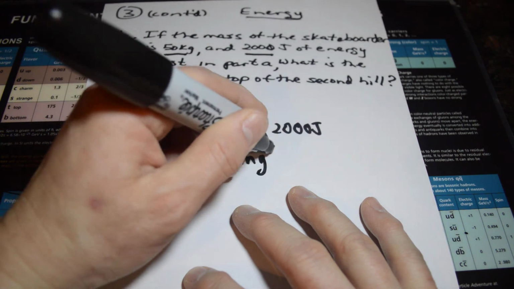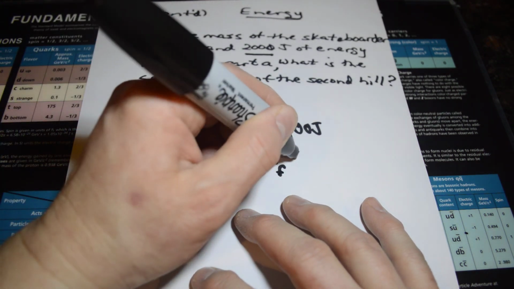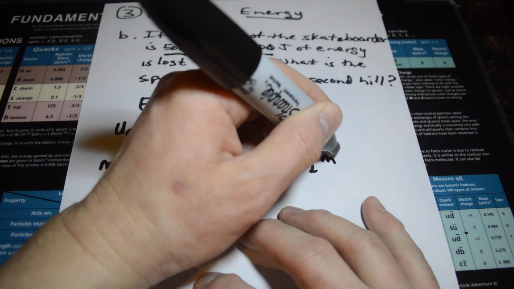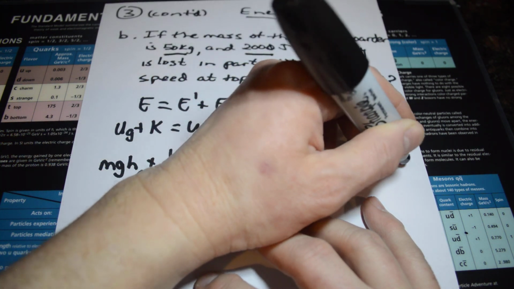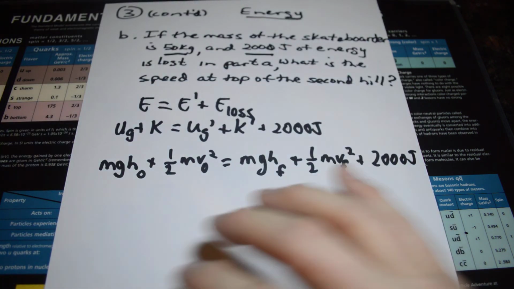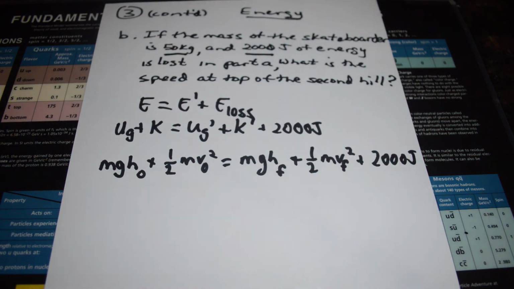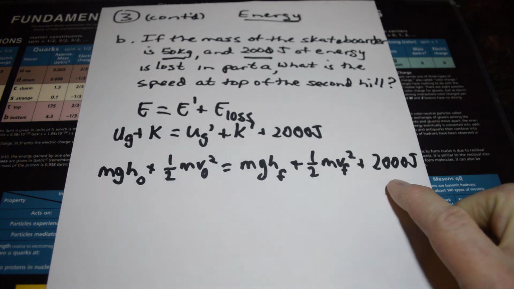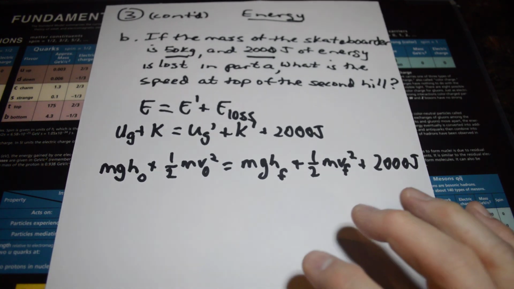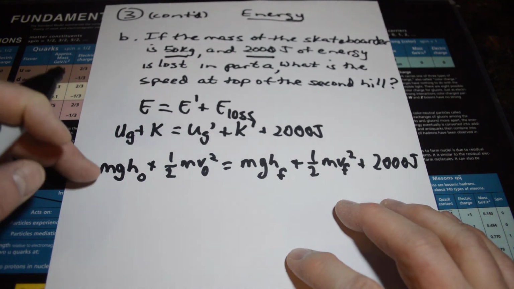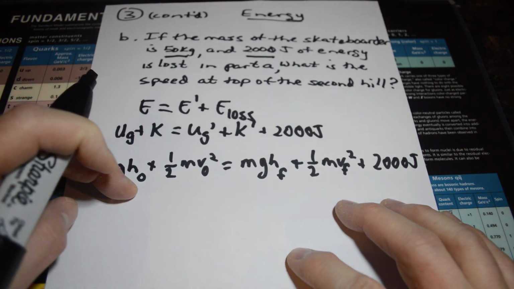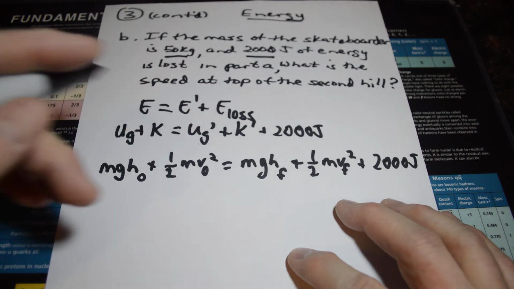So you put in your mgh's and your 1/2 mv squareds. But you just need to make sure that when you put in your 2,000 joules at the end, you haven't canceled the mass, because that wouldn't be mathematically correct, because the 2,000 does not include the mass of 50. So you have to multiply those in. 50 kilograms times 9.8 times the height of 18, so on and so forth.